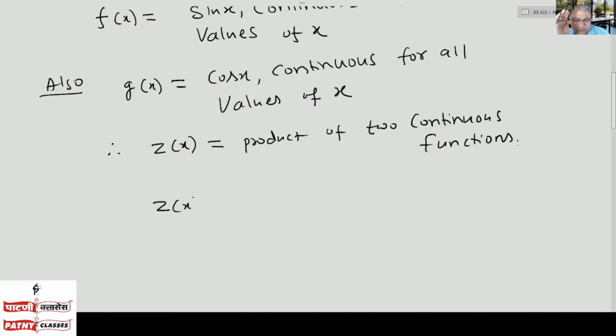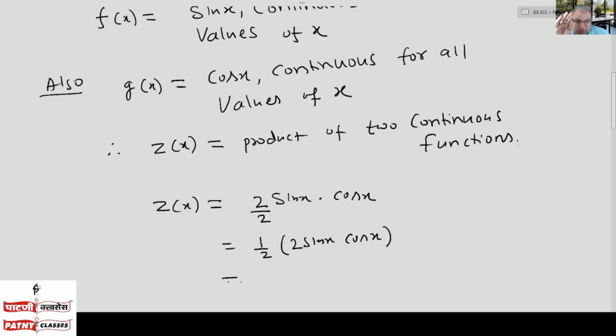Since z of x equals sin x multiplied by cos x, multiplying and dividing by 2, we get 1 by 2 times 2 sin x cos x, which equals 1 upon 2 sin 2x. So z of x equals 1 upon 2 sin 2x.